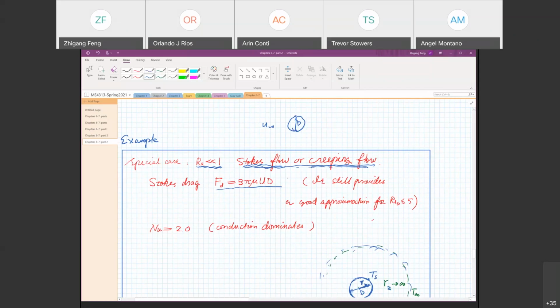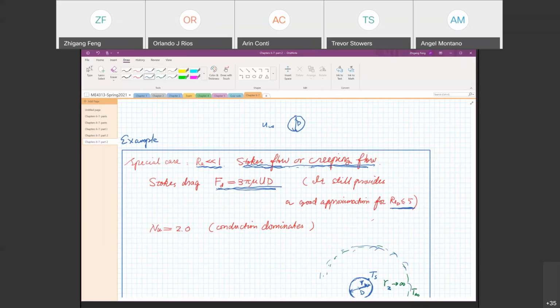Even though it was derived based on the Stokes flow assumption, a very low Reynolds number assumption, this Stokes drag is still applicable to Reynolds numbers as high as 5. So when the Reynolds number is 1 or 2 or up to 5, this still provides a good estimate of the drag on the sphere.